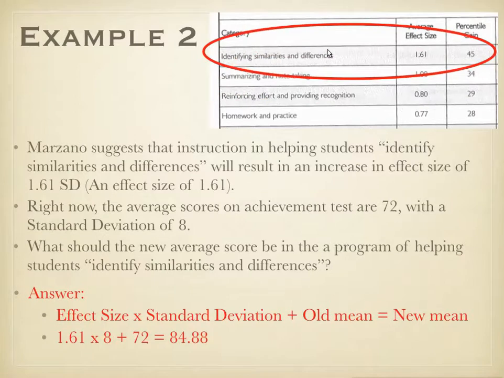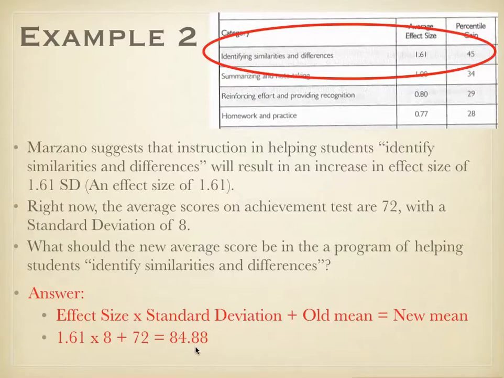This is the most powerful one, strategies in critical thinking, identifying similarities and differences. Again, just a randomized mean score of 72. Standard deviation is 8. What percentage of 8 would we experience as an improvement? Well, 161%, or 1.61 as a percent of increase. So we multiply this number times standard deviation, add it to the old mean.